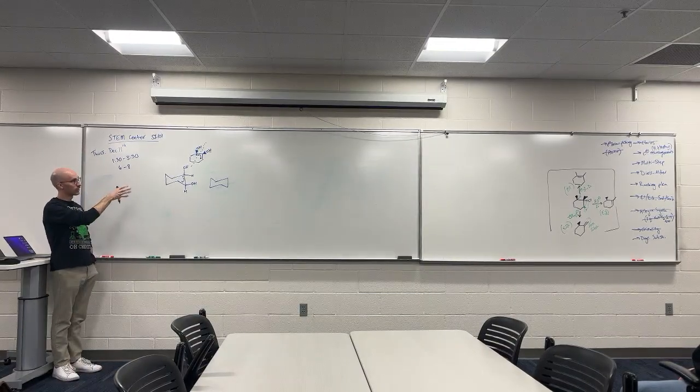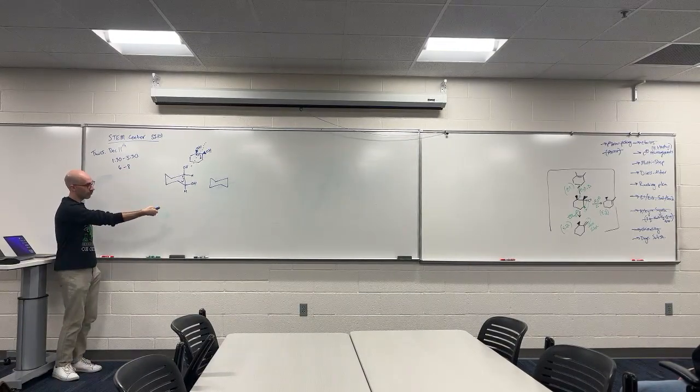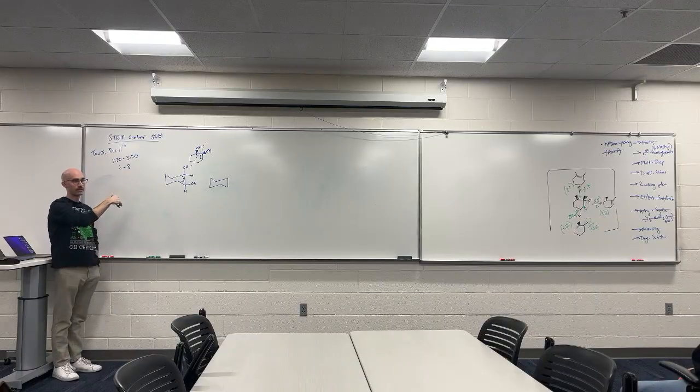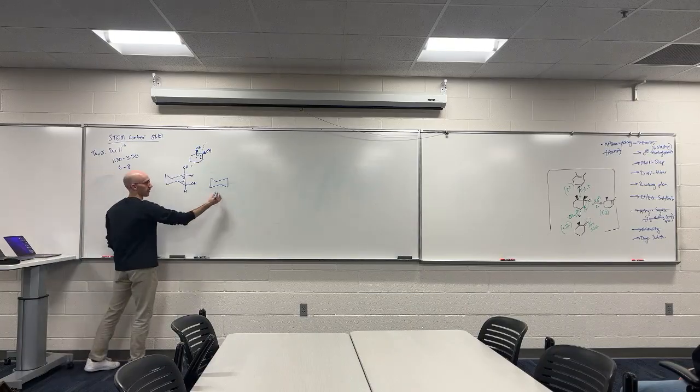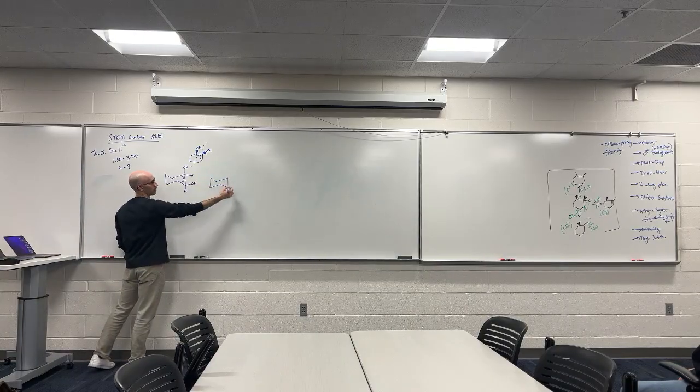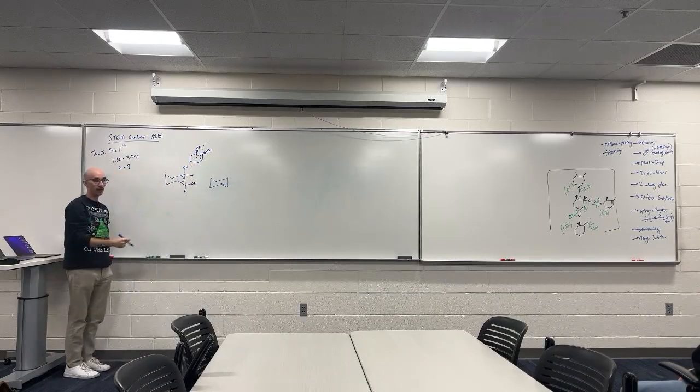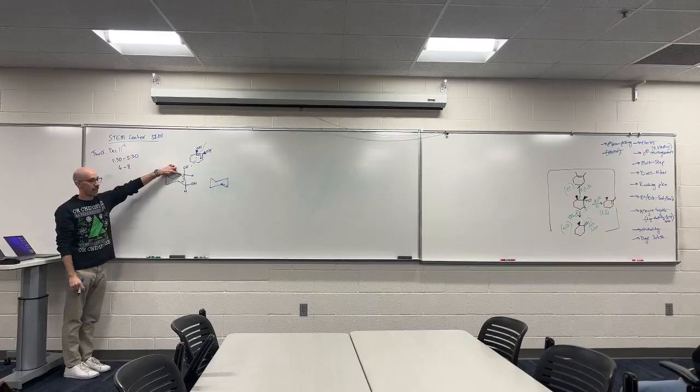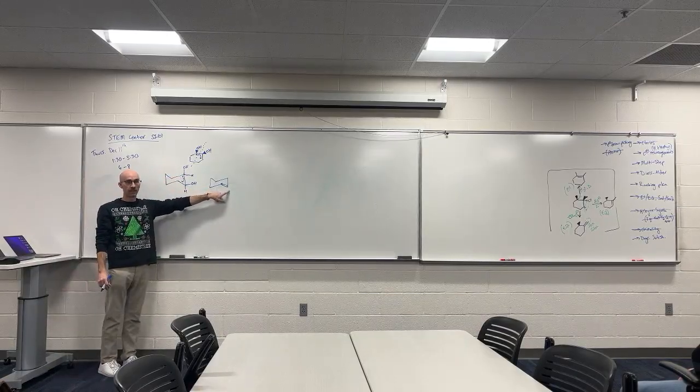Where do you want to move the dotted carbon? Do you want to move it clockwise or do you want to move it counterclockwise? I'm going to move it clockwise. Doesn't matter. So now my dotted carbon is here, and I still need to go clockwise to my other carbon. An up carbon became a down carbon.